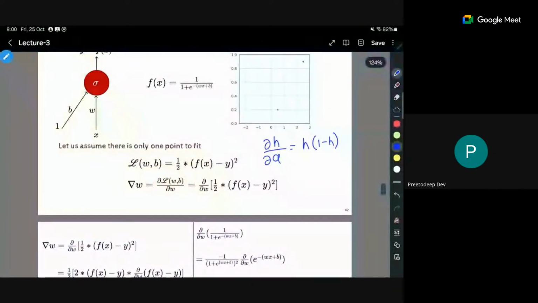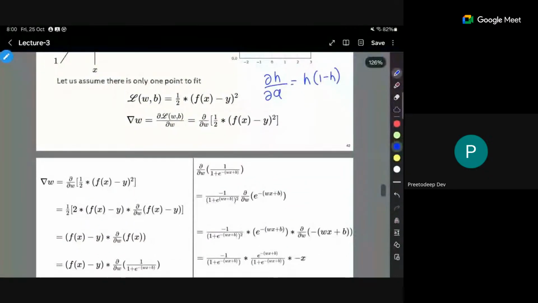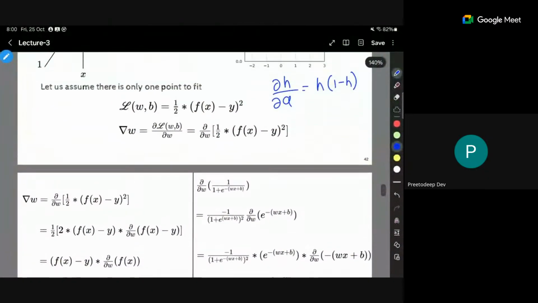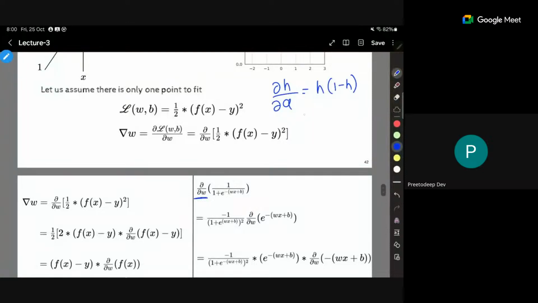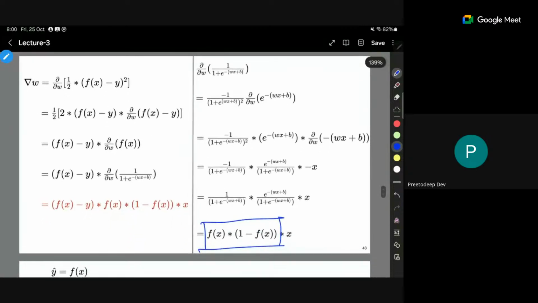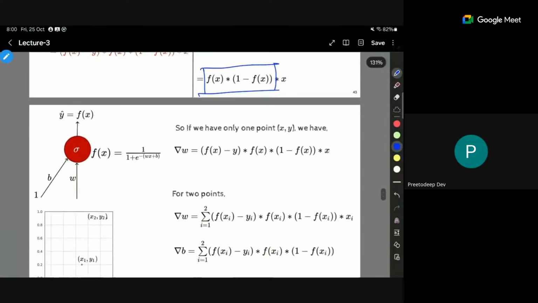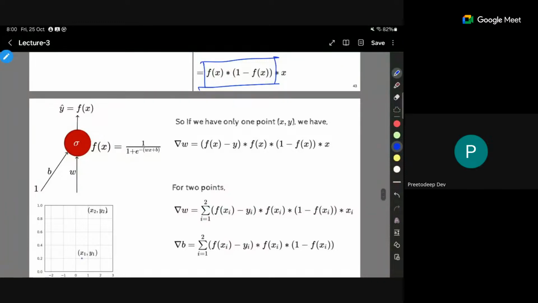There we'll do something else, because we are not differentiating with respect to w, right? If I had done it with respect to w, then it would be something like this, right? So this part is not going to be there, but this part is going to be there for this derivation, the derivative of h with respect to a. But for now you can just ignore it, because we'll do that again in the full neural network.